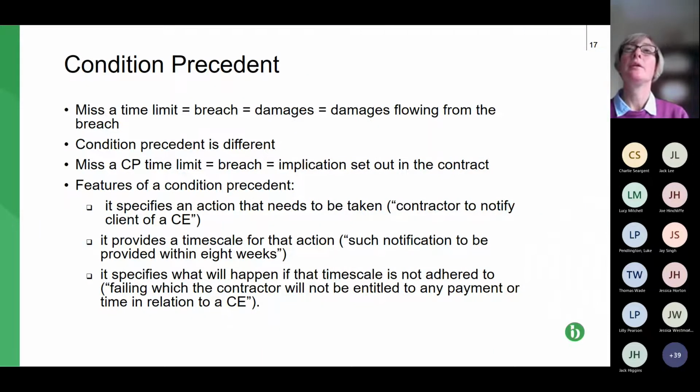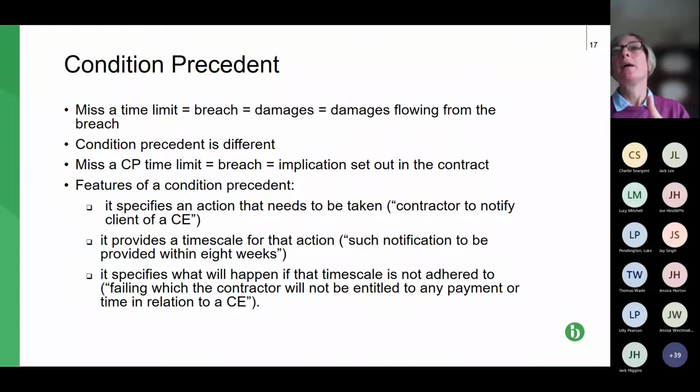Now, a condition precedent is a different type of clause, because what this does, and it says in the third bullet point, typically the condition precedent has three components.